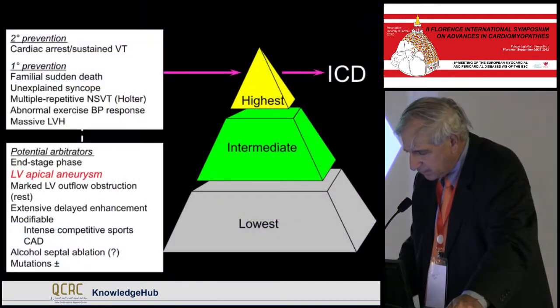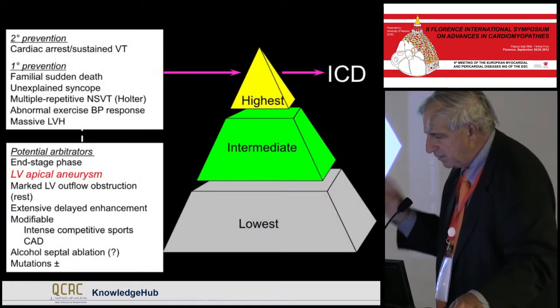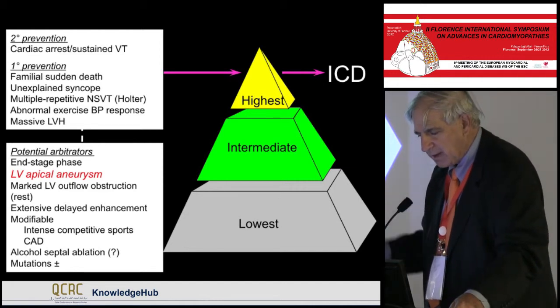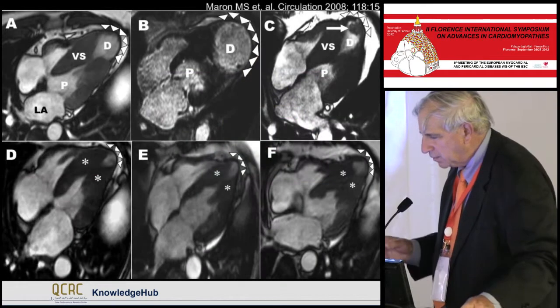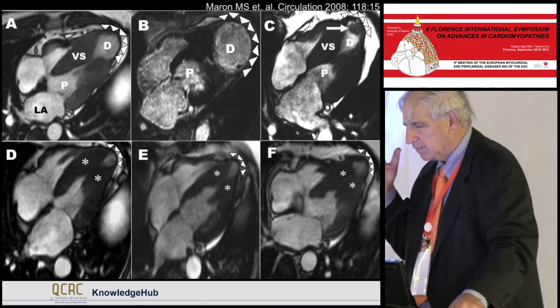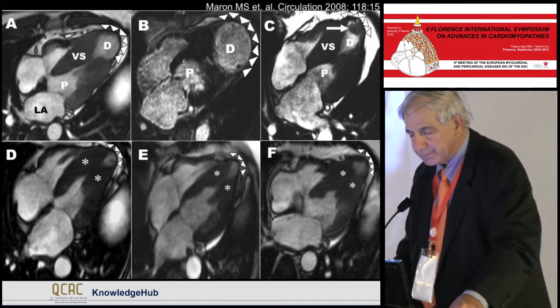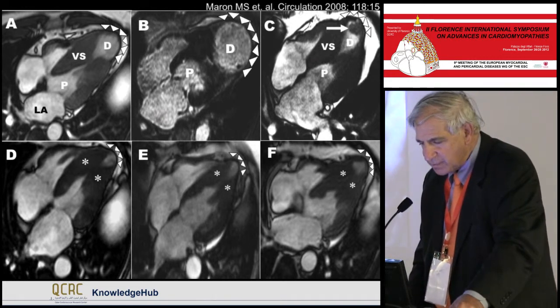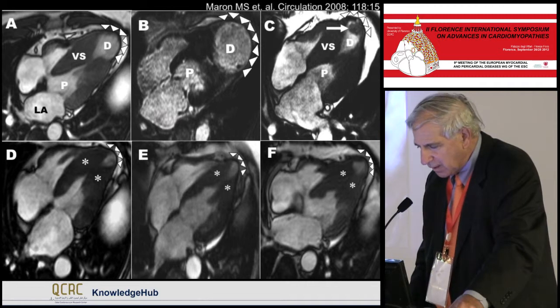So it could be diagnostic there, but it can also have an application in the apex for risk and management because we've found these apical aneurysms are usually identifiable only, or best certainly, with CMR. Here's a whole group of these aneurysms. I'm sure you're familiar with them. They come in different sizes and shapes.